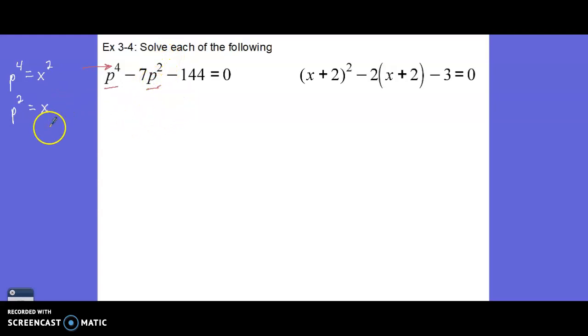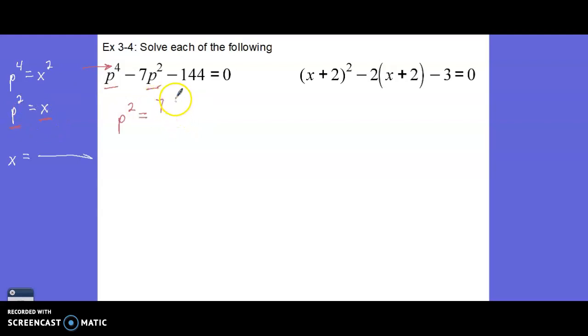And in the quadratic formula, x equals negative b plus or minus the square root of b squared minus 4ac all over 2a. But the difference now is instead of x equals, it's going to be p squared equals, because x in the context of my problem is equal to p squared.